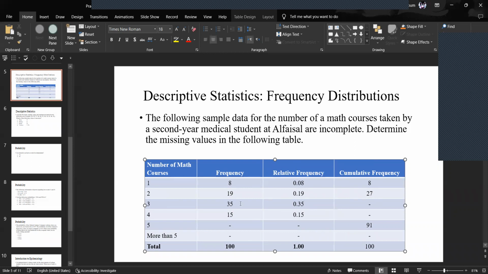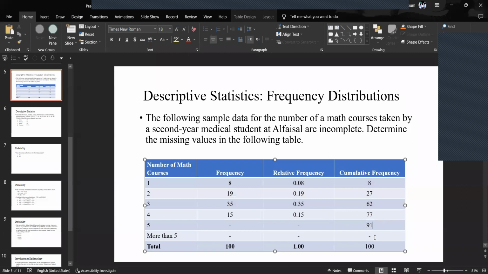All right, so for our cumulative frequency for the next group, that's going to be 27 plus 35, which is 62. And for the next group, we take the 62 and add 15, and that's 77. And so then we have this portion of the table filled. It's looking very nice.